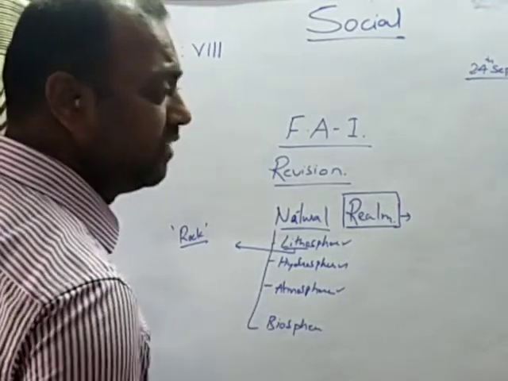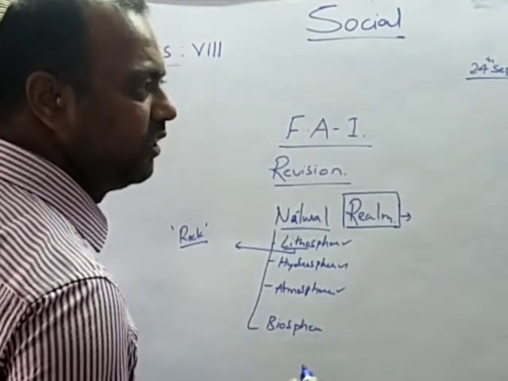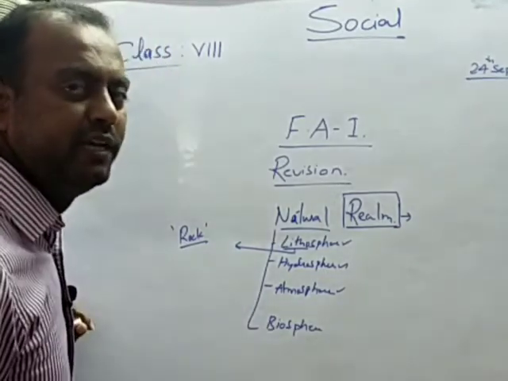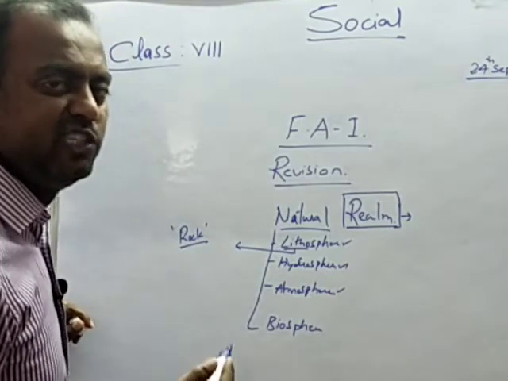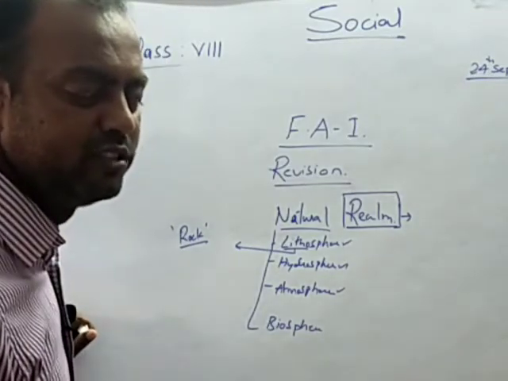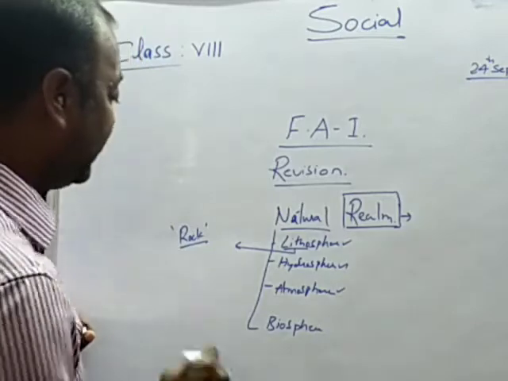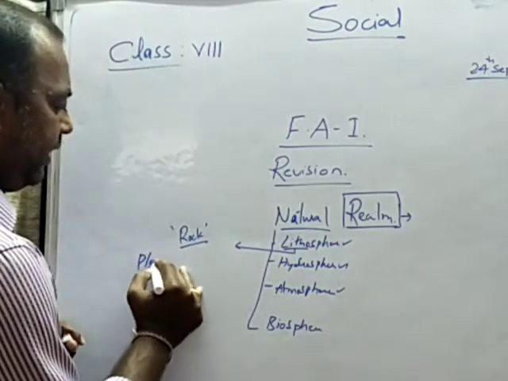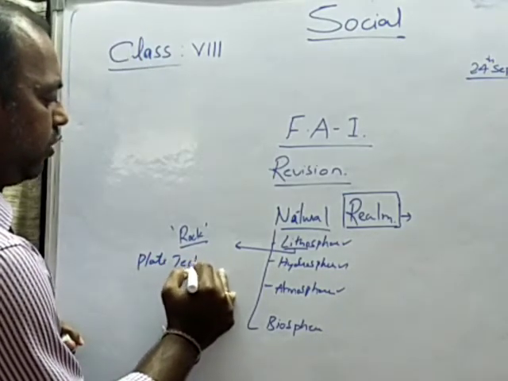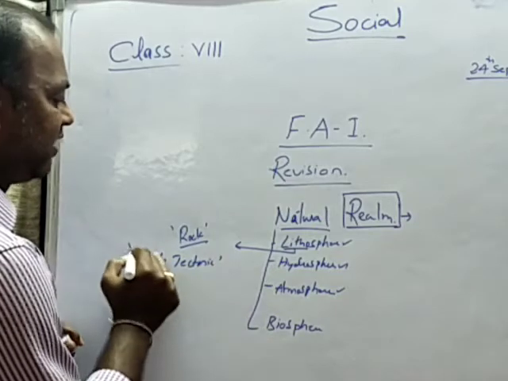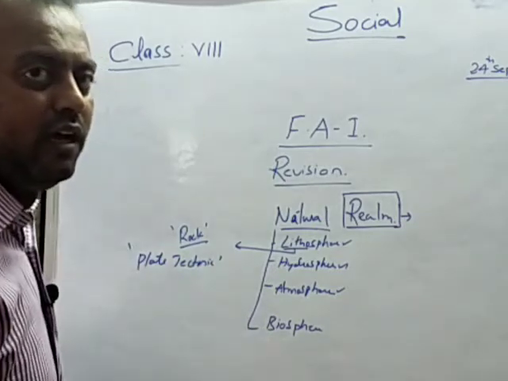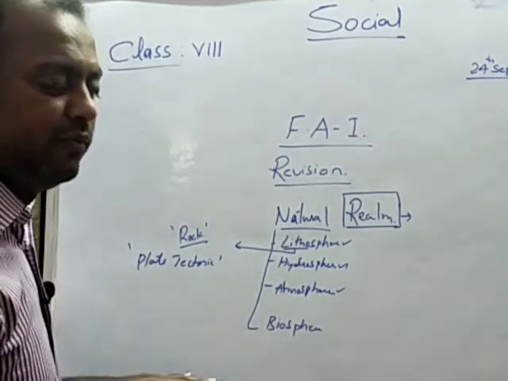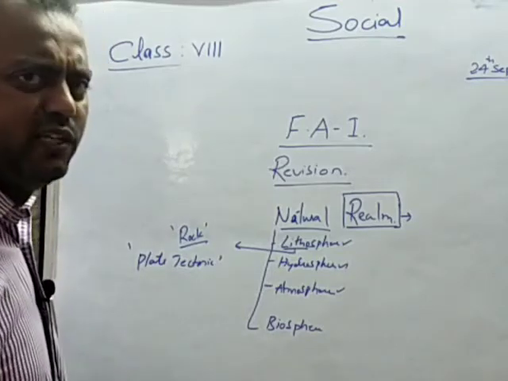So how does this lithosphere form? To understand this, we have seen the formation of the ocean ridges, or the new ocean bed formation, like plate tectonics. We have seen the jigsaw puzzle of the movement of the plates. These plates continuously move.